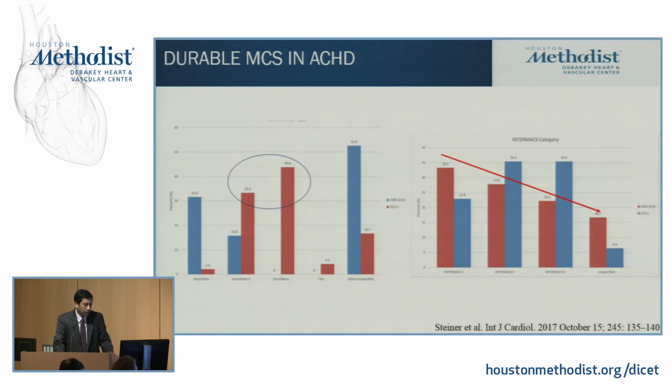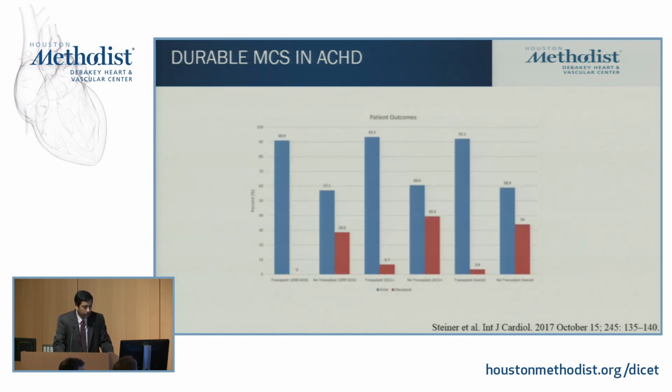The commercially available HeartMate 2 and HeartWare seem to be the most common. HeartWare probably a little more, just because it's a pericardial pump and probably easier to transplant, especially if they are put in through the thoracic route, since a lot of these patients have already had multiple sternotomies.